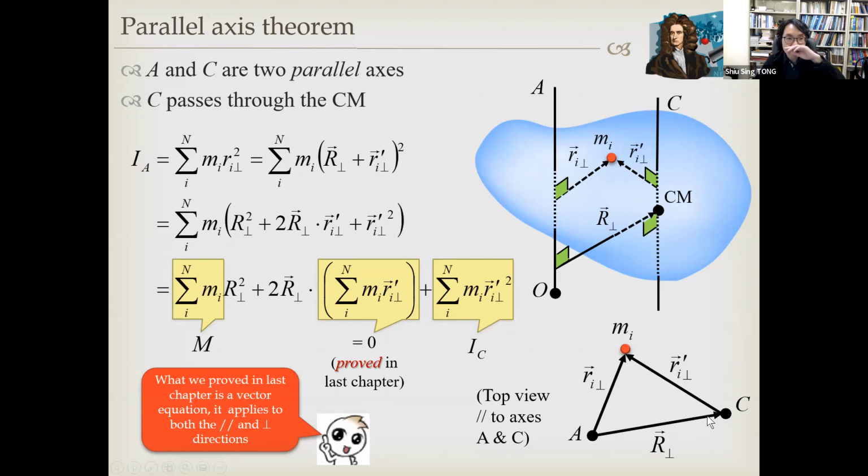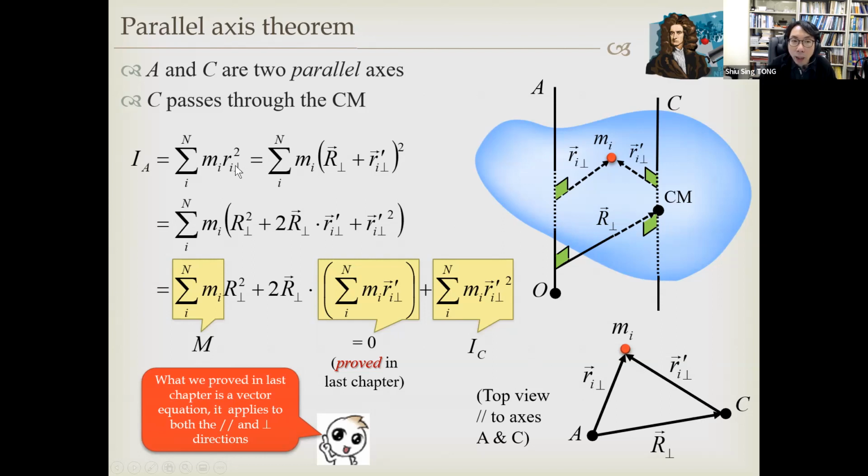Now, first we take a look at the moment of inertia about axis A. It is of course given by the standard formula, Mi Ri perpendicular squared. But for Ri perpendicular squared, I can make use of this triangle to express Ri perpendicular in terms of the prime quantity and the capital R, right?